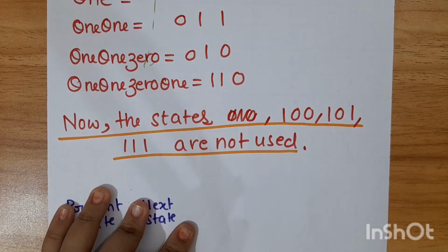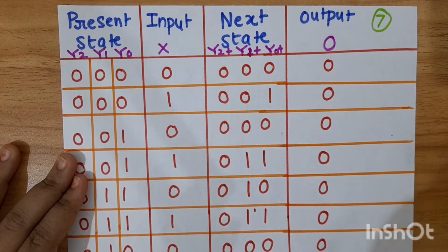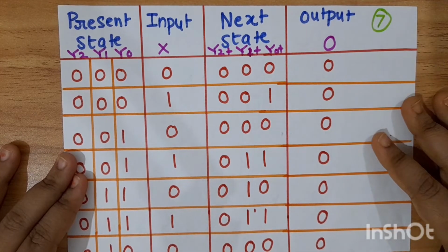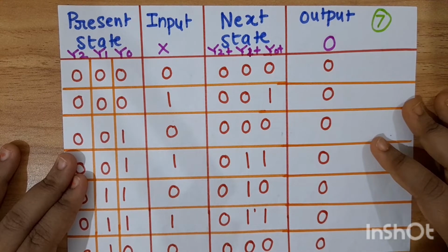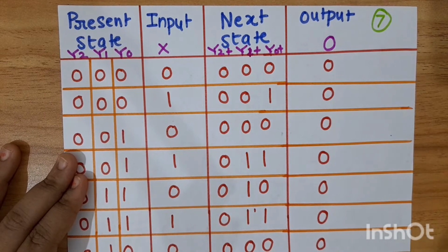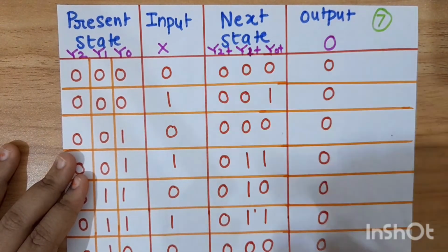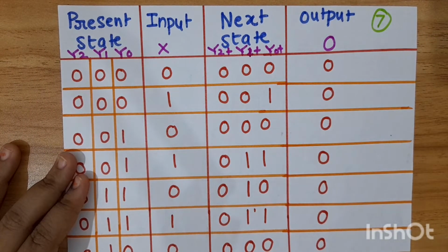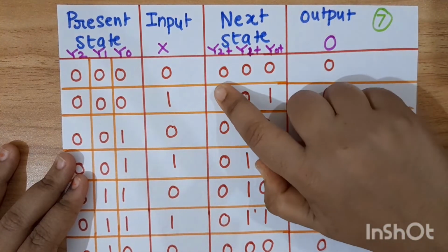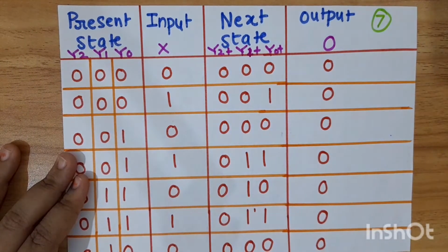combinations can form. So this is an improved version of the state table where there are 4 columns. First column is the present state, which itself has 3 columns, y2, y1, y0, the state encoding. Then the input x is another column, where the input x is changing 0, 1, 0, 1 in this way.